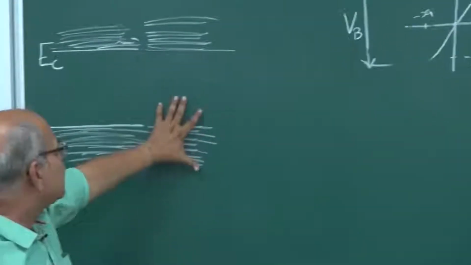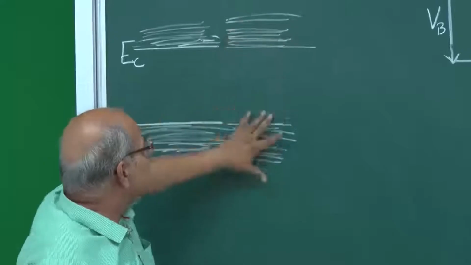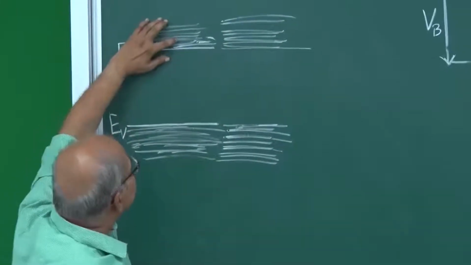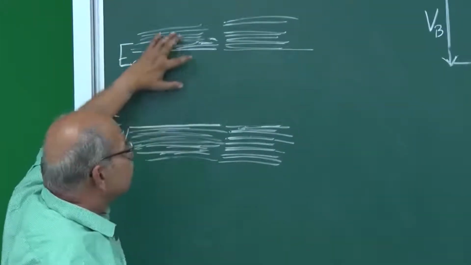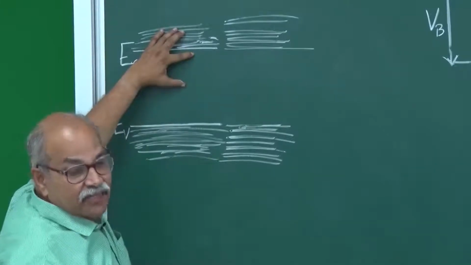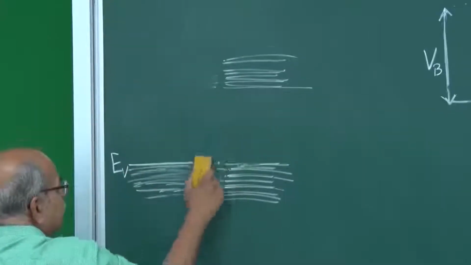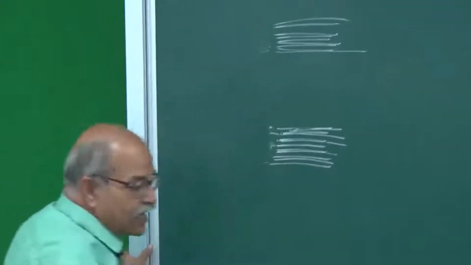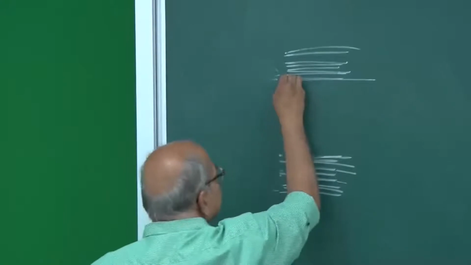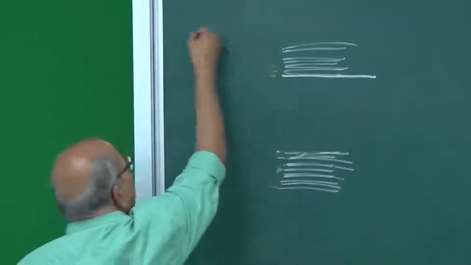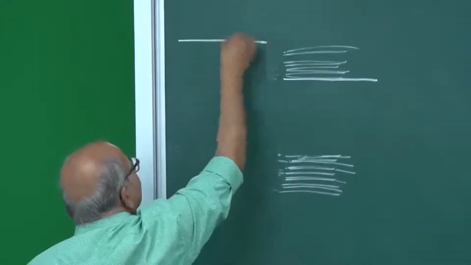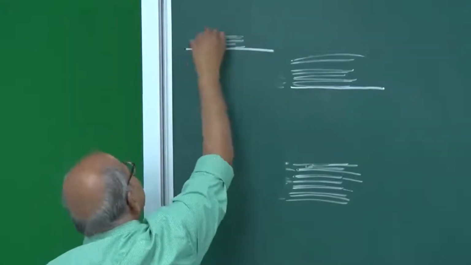So if I keep this here, each of these energy levels will be shifted up. Each of these energy levels will be shifted up. So my diagram should be rewritten, and this edge will now go somewhere here, and then you have all those energy levels.